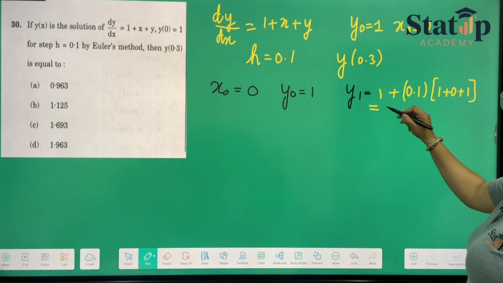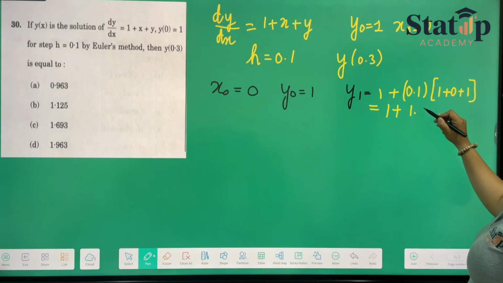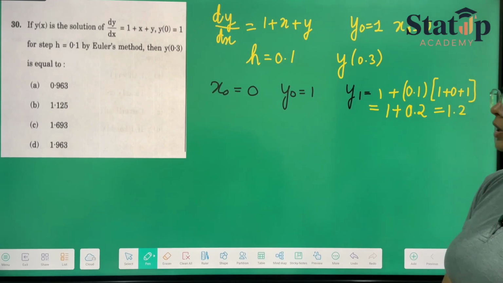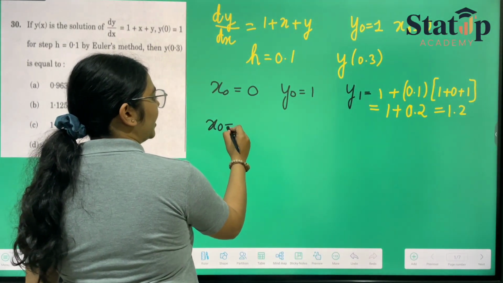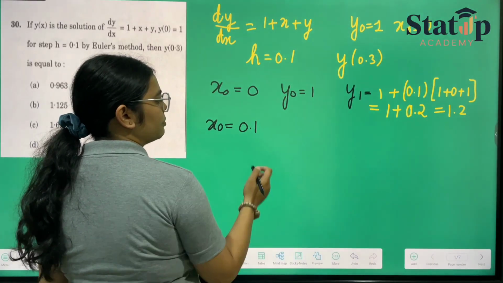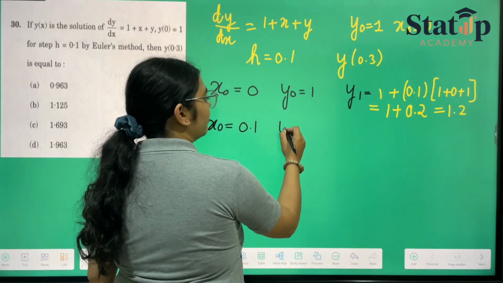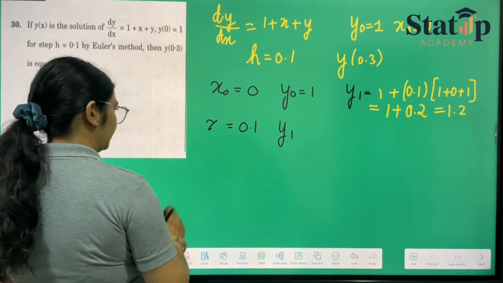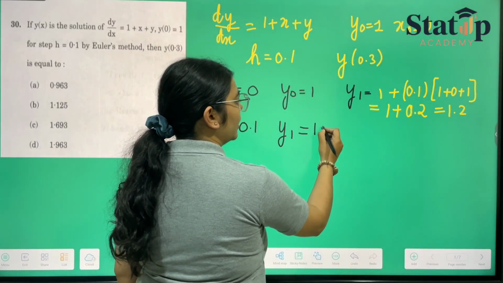So it will be 1 plus 0.2, which is 1.2. Okay. Now the second step: when x increases by 0.1, because the step size is 0.1, we'll keep on increasing x by 0.1. So here x1 is equal to 0.1 and y1 is equal to 1.2.